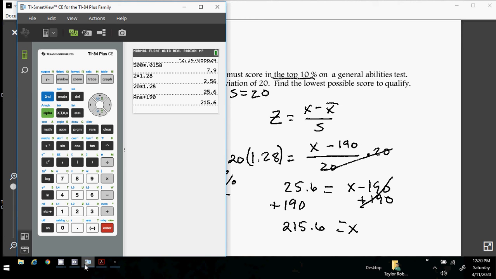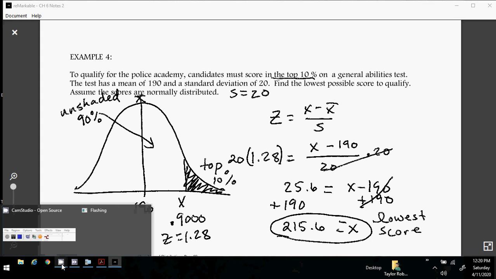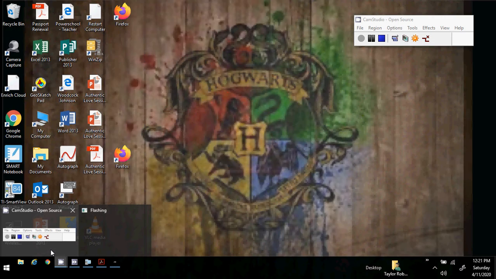So that is actually the lowest score possible. That's the X value that corresponds to all of that information. Alright, so if you need to go backwards, that's how you would do that. Now there's an equation that we're going to write in the next one that should clear all of that up.